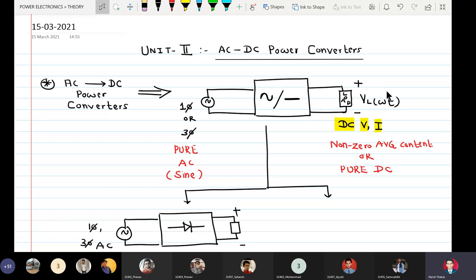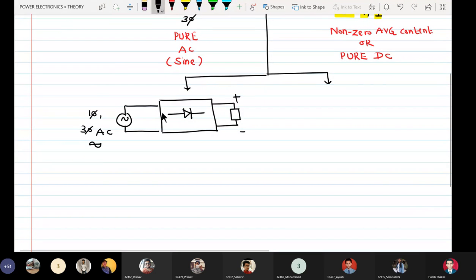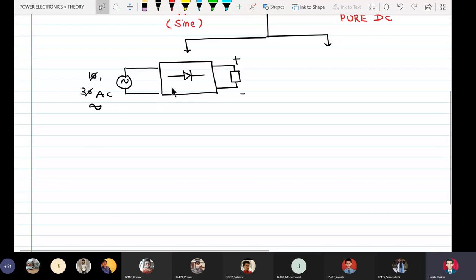And all these systems are 50 Hertz systems. That is why the time scale is referenced not to time t but to omega t. So again here it is diode based, and it is called an uncontrolled rectifier. So systems which convert a single phase or three phase pure AC signal into a non-zero average content or pure DC, and if these systems contain only diodes, are called uncontrolled rectifiers.